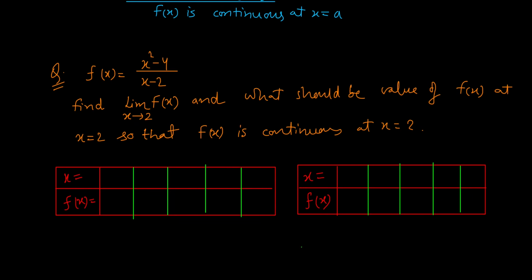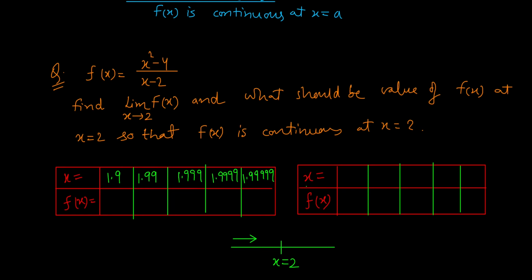Suppose we are approaching the point x equal to 2 from the left hand side. So we will be on the left hand side of point 2, going towards point 2, very close to it. Let's say x is equal to 1.9. Further closer to 2, 1.99, 1.999, 1.9999, and very close to 2, 1.99999.